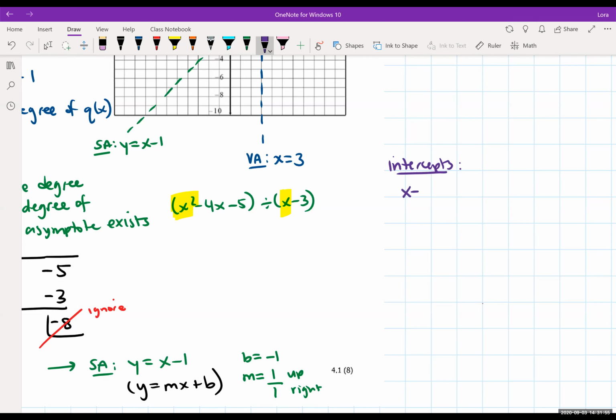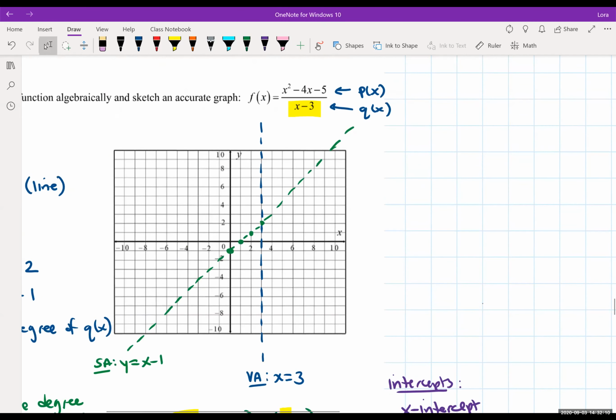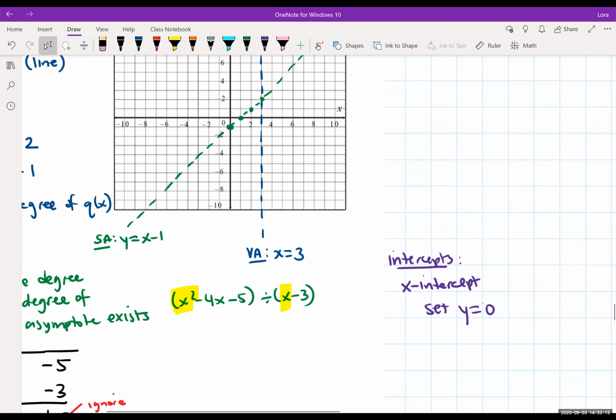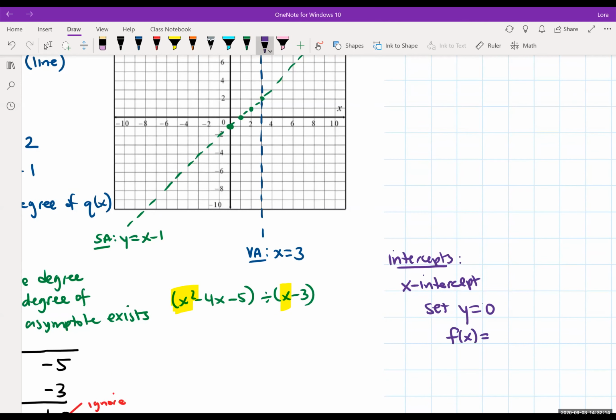If you remember, the x-intercept happens when y is equal to 0. So we're going to set y equal to 0. In terms of our function, f of x was represented as y.